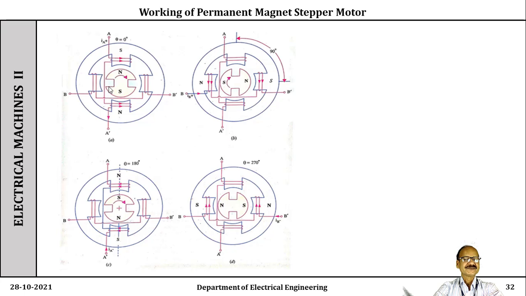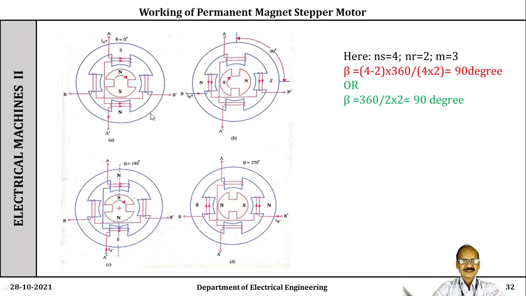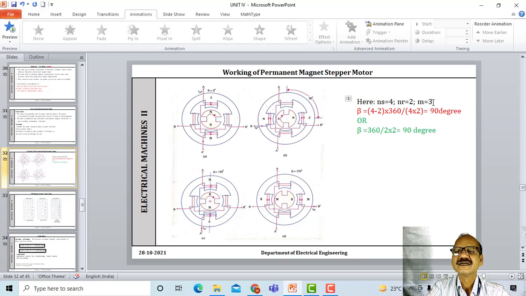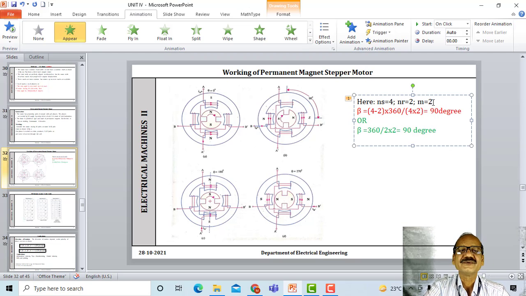Now here see the steps. The angle through which the shaft rotates for every command signal received by the stator circuit is nothing but the step angle. Here the stator poles Ns are 4 and rotor poles Nr are 2, and m equal to 2.